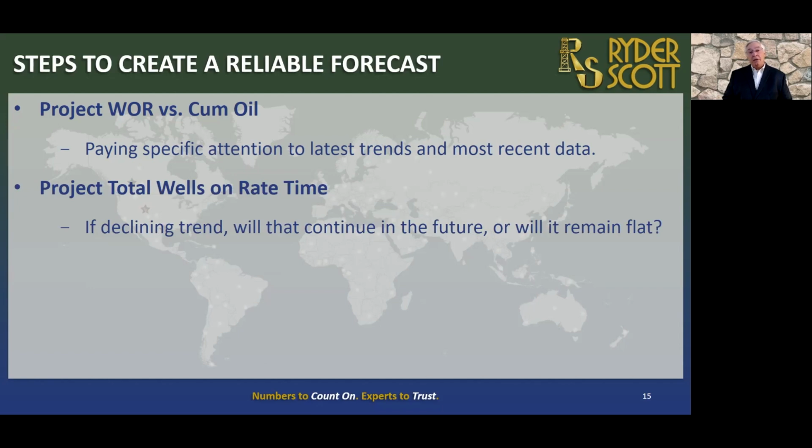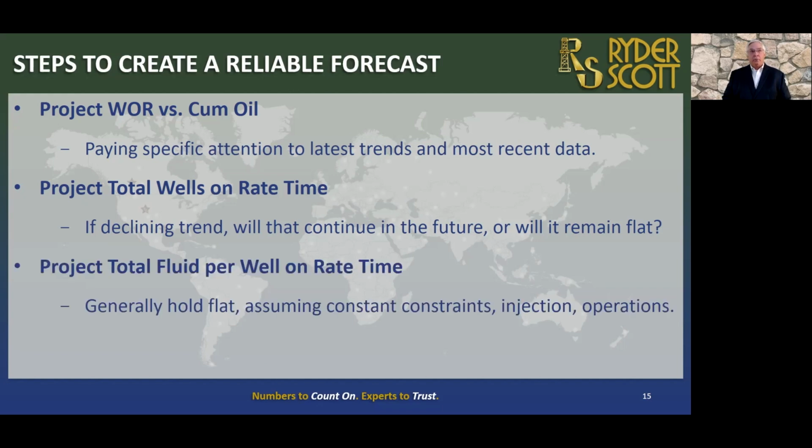And if it's a declining trend in the total well count, the engineer needs to make a judgment decision: will that decline trend continue in the future, or will it remain flat from this point forward? It will make a difference on the ultimate recovery and the projection of the oil and the water.